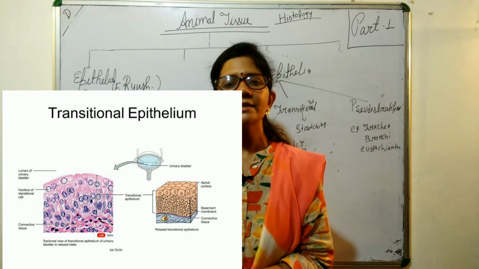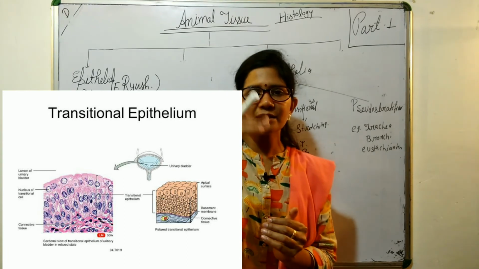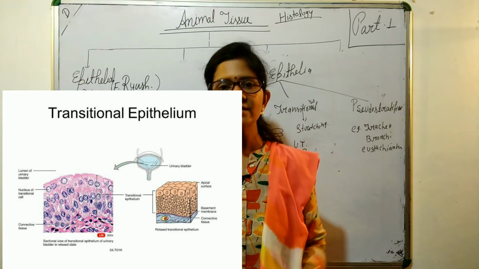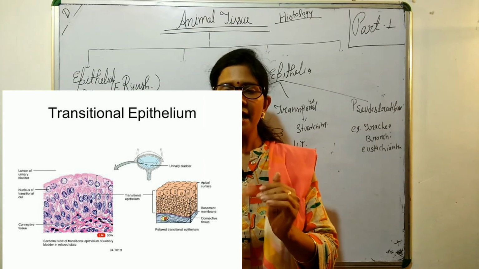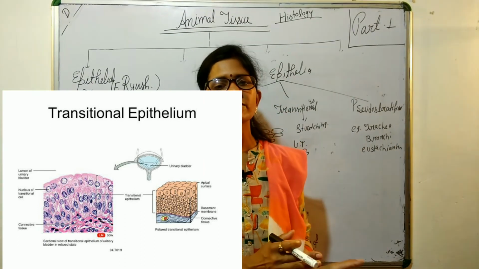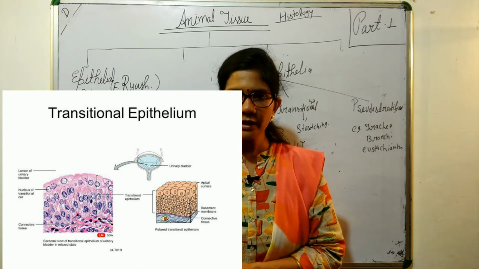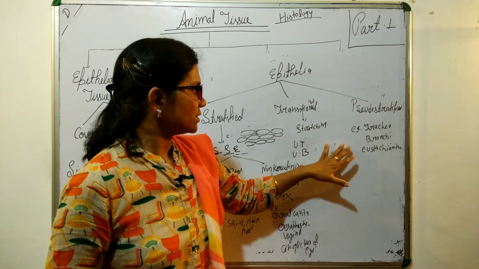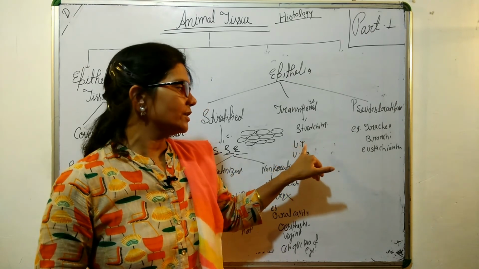When it is not stretched, in the normal condition, it looks like it is made up of 4 to 5 layers, but when it is completely stretched, the cells become so large that you will find these 4 to 5 layers are actually only 2 to 3 layers. So that was transitional epithelial tissue, and it is mainly for stretching organs, for example the urinary tract or the urinary bladder.